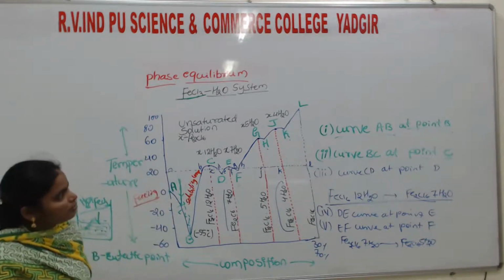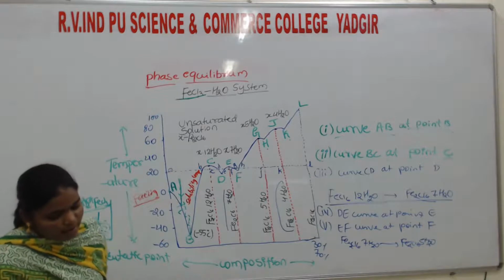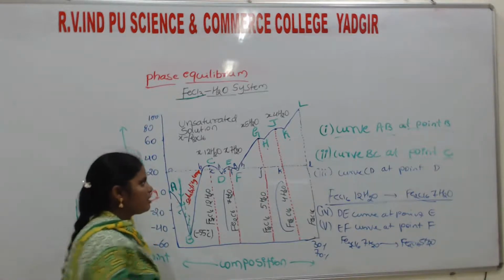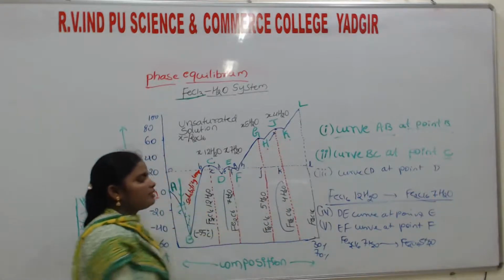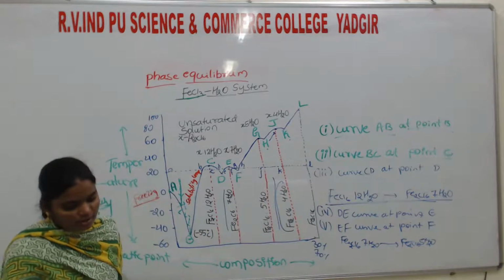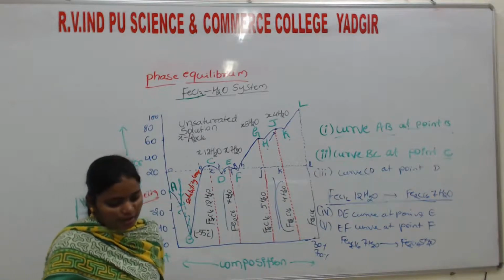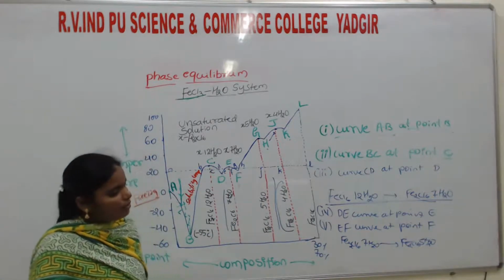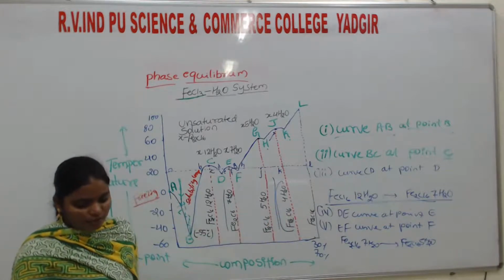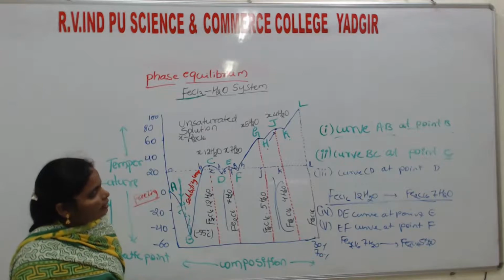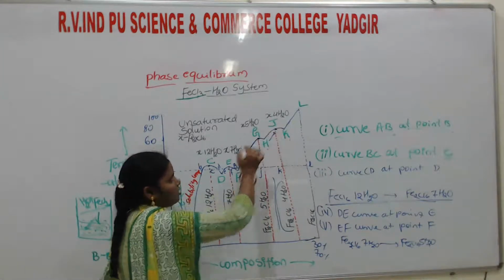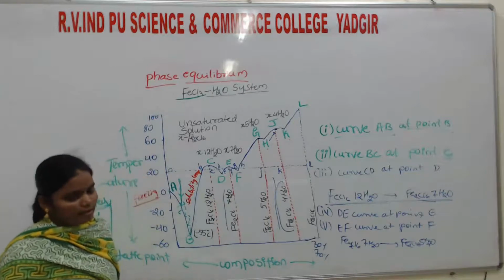Next curve, HJ, at point J. This is the solubility curve of Fe2Cl6·4H2O, and J is a congruent melting point.